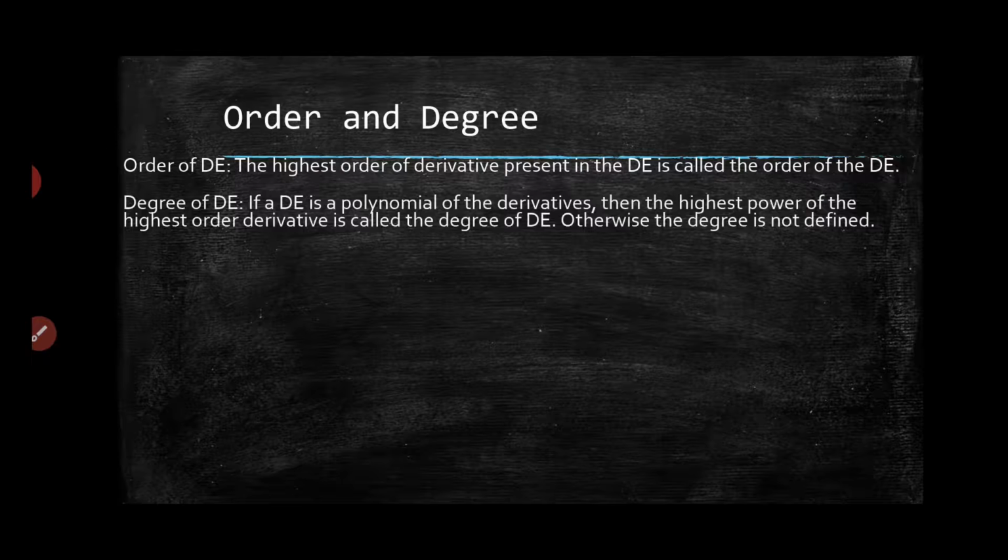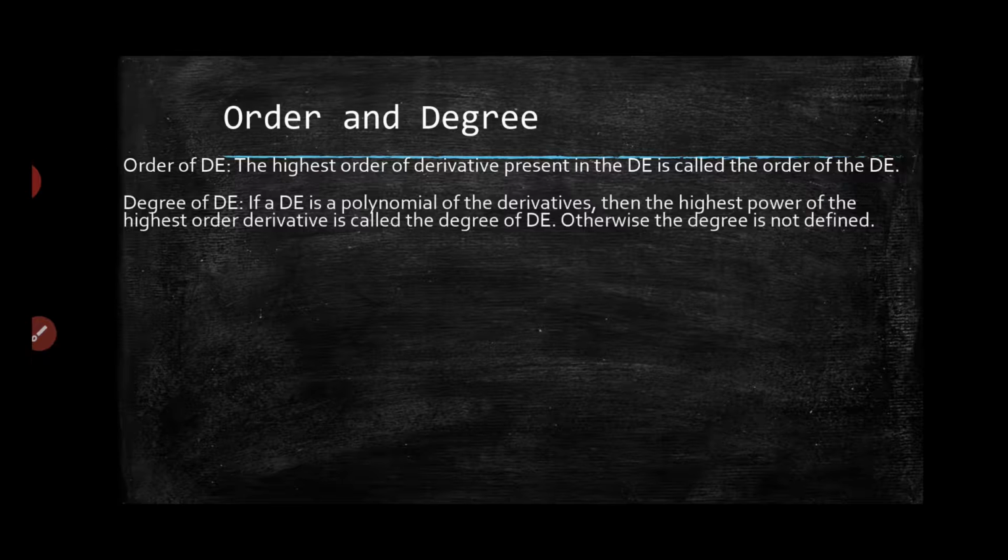Next, degree of a differential equation. Now degree is a very particular thing, it is not a universal thing. Order is universal for any differential equation, but degree is not.